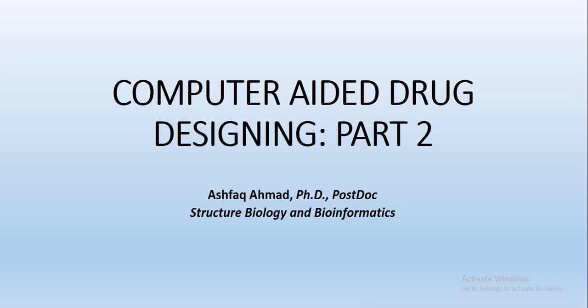Today is the second video of the course Computer Aided Drug Designing, or Skill-Based Computer Aided Drug Designing. If you have watched part one, then I assume you have your dataset downloaded onto your computer.